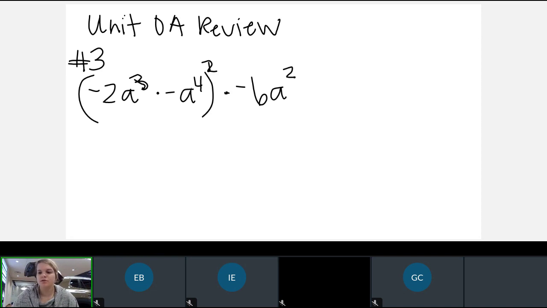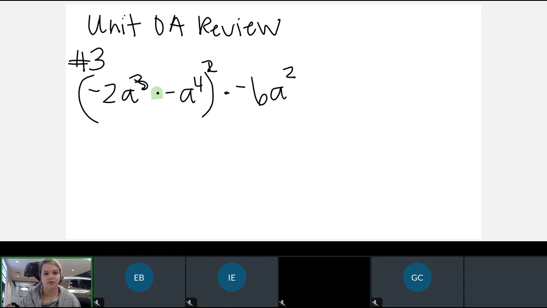All right, so if we do order of operations, what we start with is anything in the parentheses. So inside parentheses, we have a multiplication sign, okay? So we can multiply these two terms because when we're multiplying, we don't have to have like terms. We use our multiplication rules.